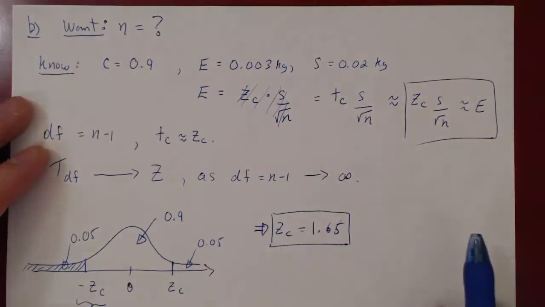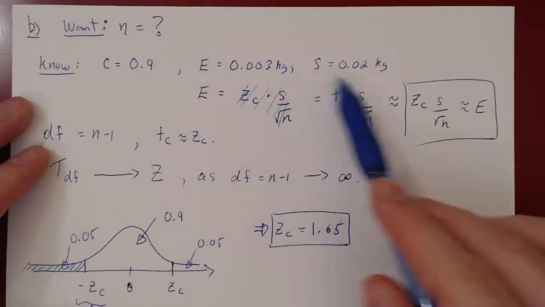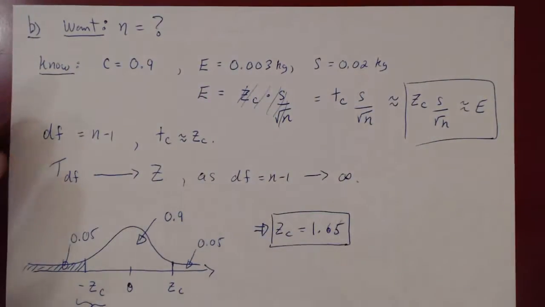And that is how you find from a confidence level and a prescribed error and a deviation the size of your sample. This concludes our first example of confidence intervals for the true population mean mu.